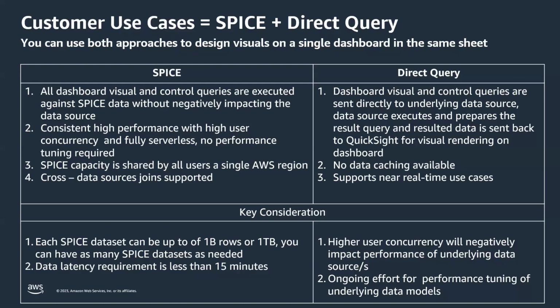Right? So keep those considerations in mind, but you don't want to be thinking Spice versus direct query. I always say use them based on the use case needs, and you can even combine them to be used on a single sheet in an analysis.